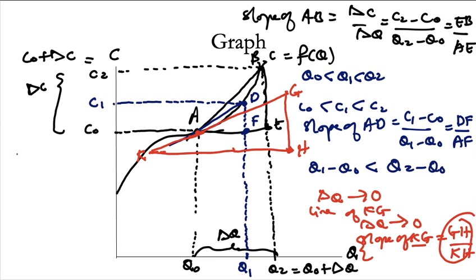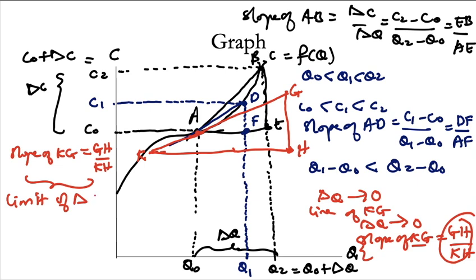So, if we have the slope of KG, which is equivalent to GH over KH, this is actually representing the limit of change in C over change in Q as change in Q approaches zero, where the initial quantity is at Q0.